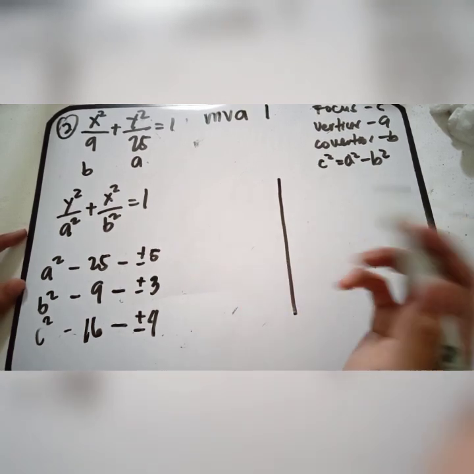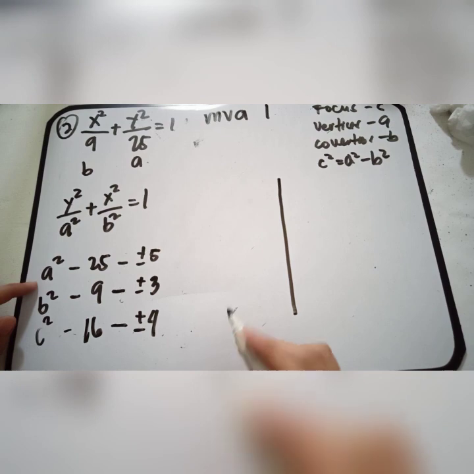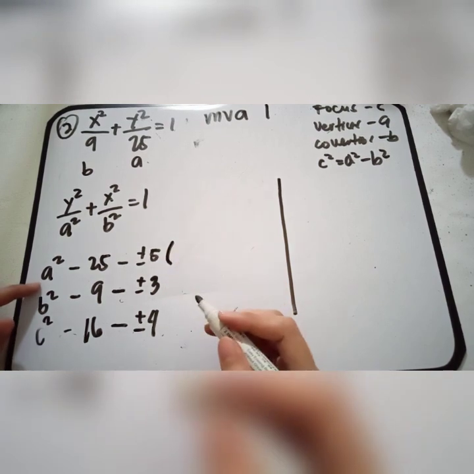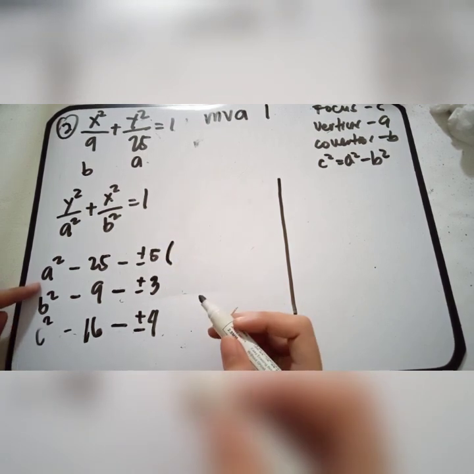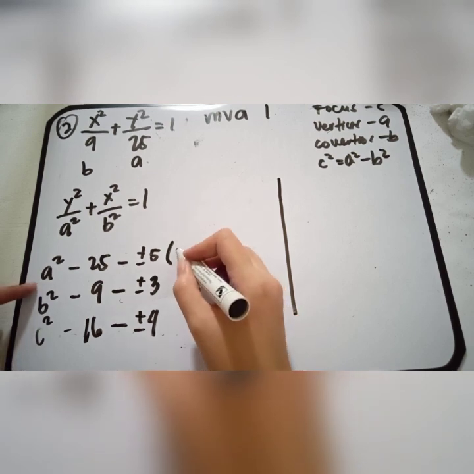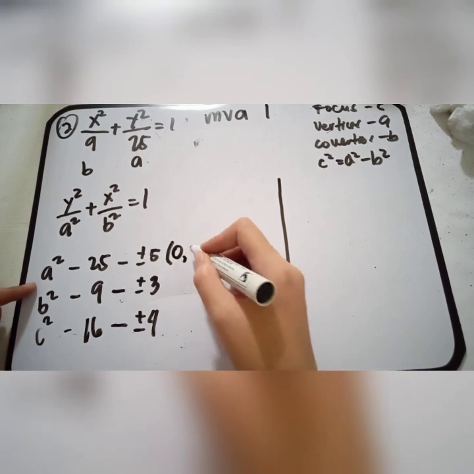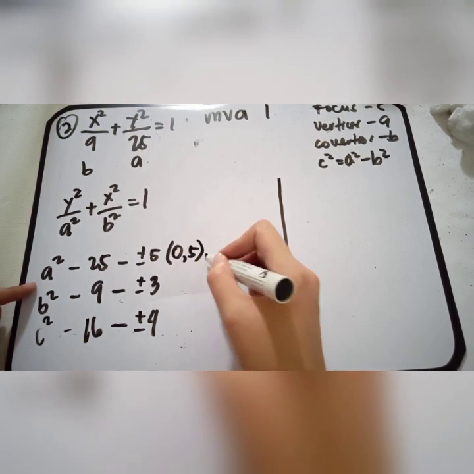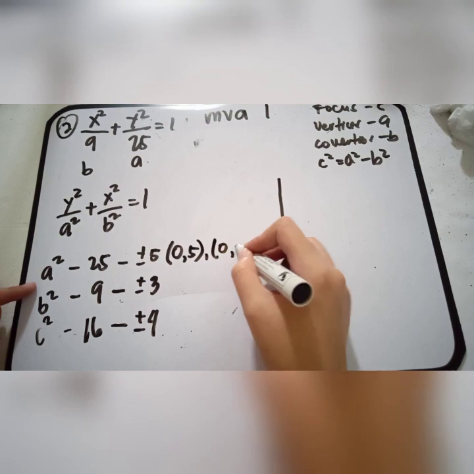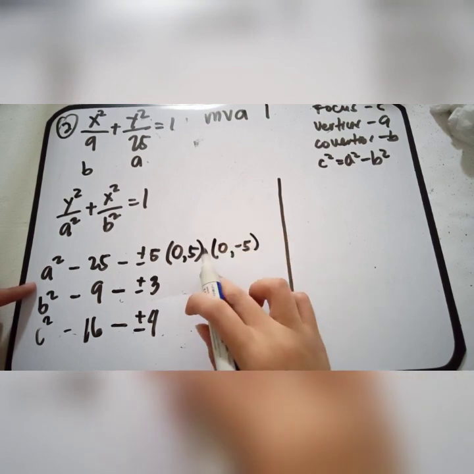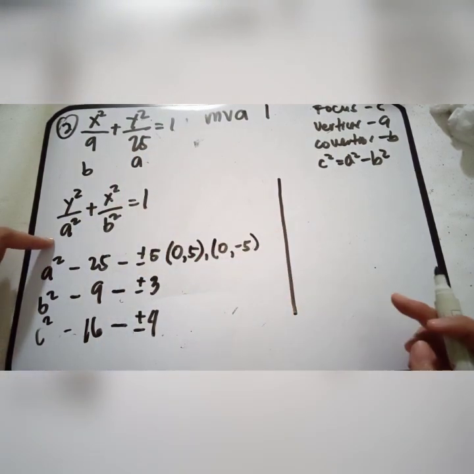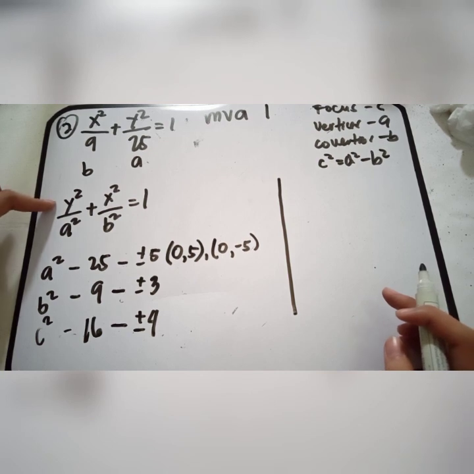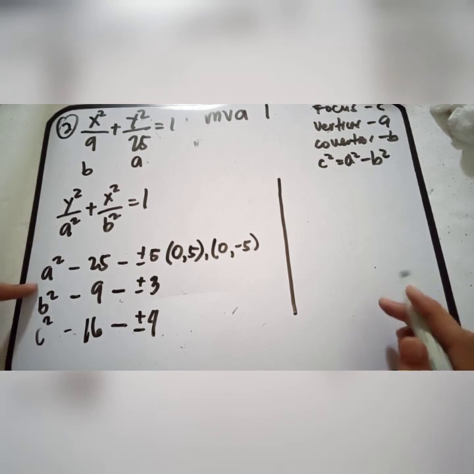So, kung naguluhan kayo sa ganito, di ba yung a natin is y? Ibig sabihin, k siya. So, magiging ganito siya pag isulat sa coordinate natin. So, 0, 5, and 0, negative 5. Since nga, ang kasama sa a is y, so vertical, ibig sabihin, yung a natin is nasa k.